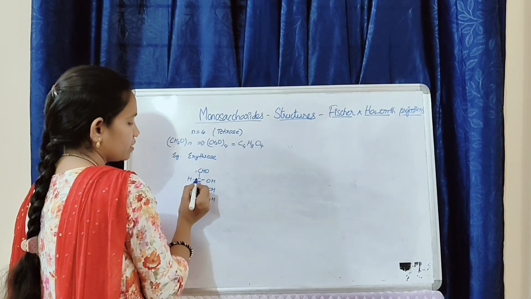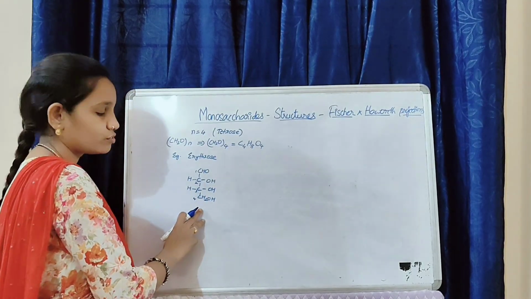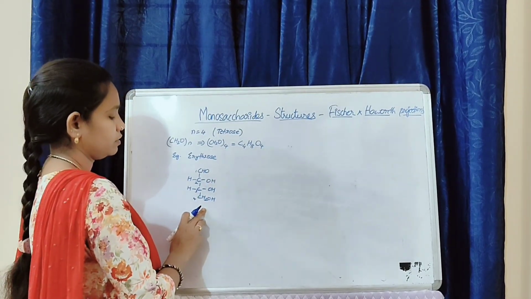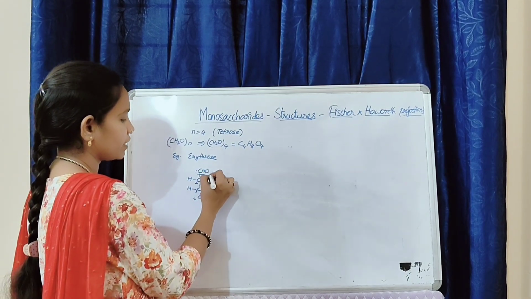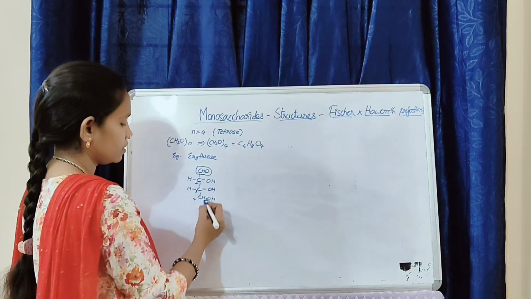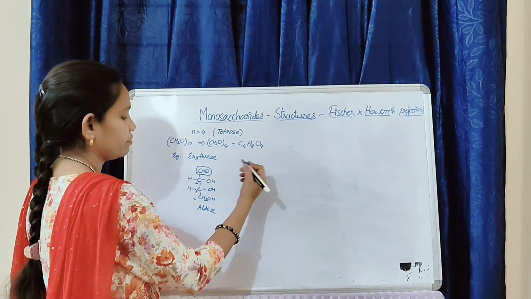Start numbering the carbon atoms 1, 2, 3, 4. Now here it contains 4 carbon units. So here again it contains aldehyde group, means it is an example of aldose. Let's see for ketose.